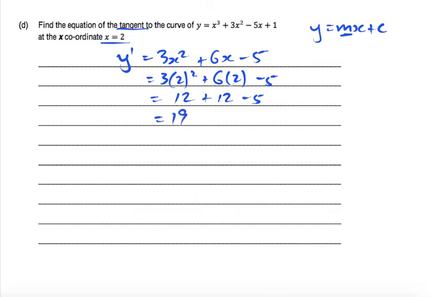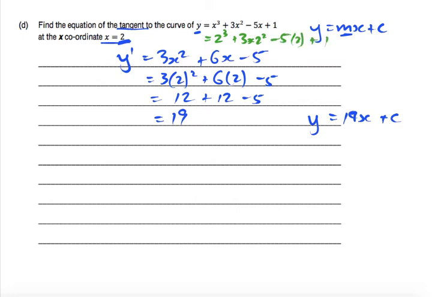So that's the equation y equals 19x plus c. Now I've got an x coordinate, but I haven't got a y coordinate. So let's use the x coordinate in here to find out what the y one is. So I'm going to go 2 cubed plus 3 times 2 squared minus 5 times 2 plus 1.